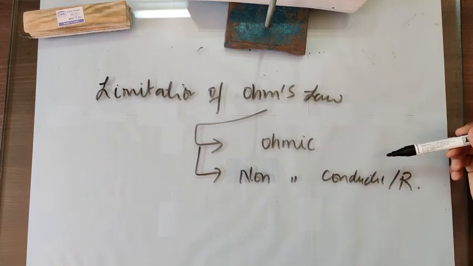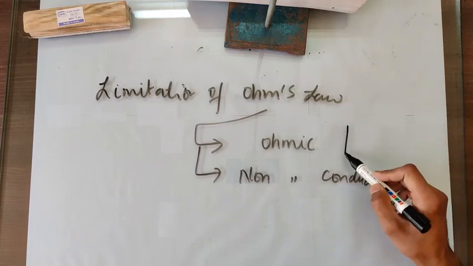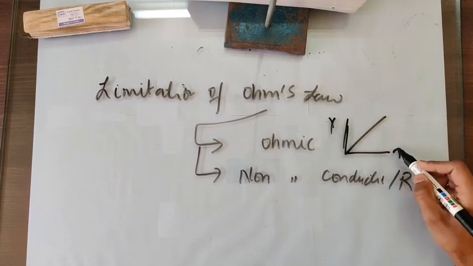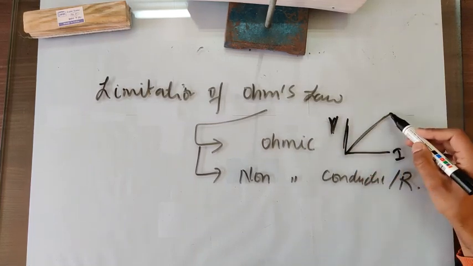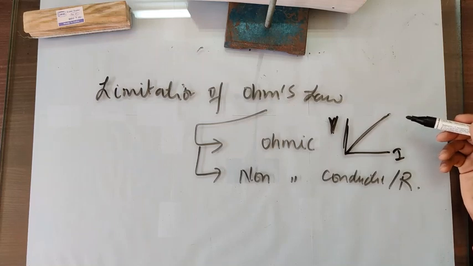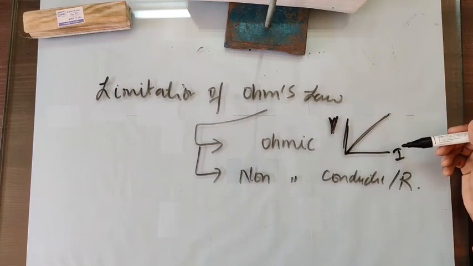Ohmic conductor obeys Ohm's law, V directly proportional to I. The conductor which follows Ohm's law is known as ohmic conductor, and non-ohmic conductors which do not obey Ohm's law are called non-ohmic conductors.